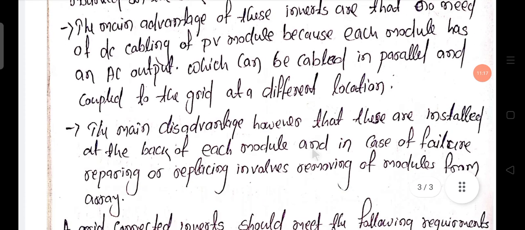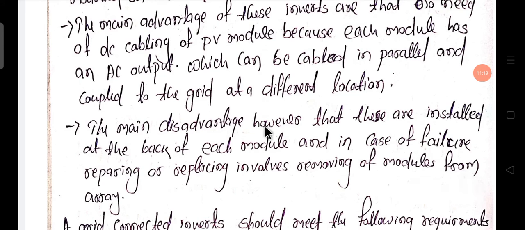Then the main disadvantage, however, is that they are installed at the back of each module, and in case of failure, repairing or replacing involves removal of modules from the array.